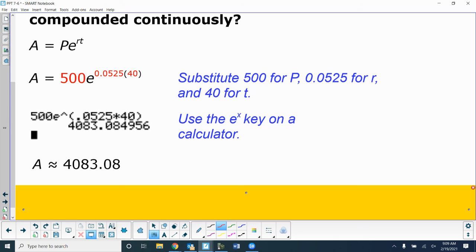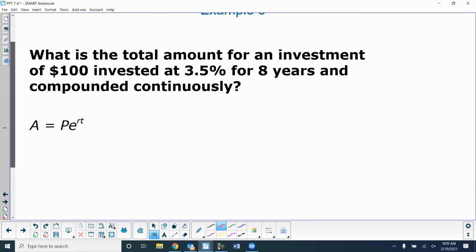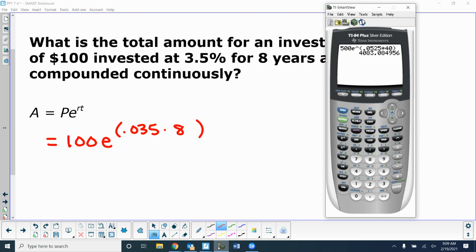Got that? So what do I put in this one? What's P? 100. e to the 0.035 times 8. So we're just using the formula for those problems.